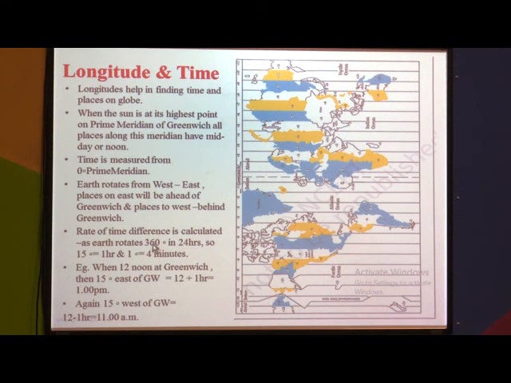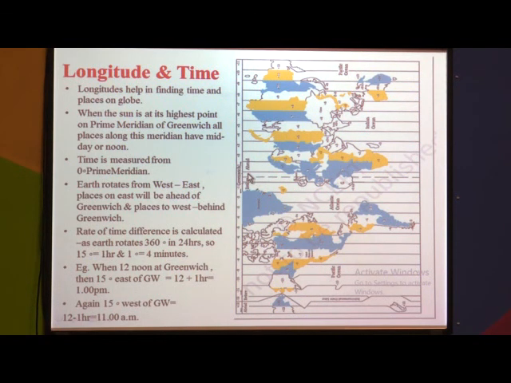We will divide 360 by 24. Then we will get the answer 15 degrees. It means if it takes 24 hours to complete 360 degrees, then it will take 1 hour to complete 15 degrees of longitude. Understood? These longitudes are at 15 degree distance.